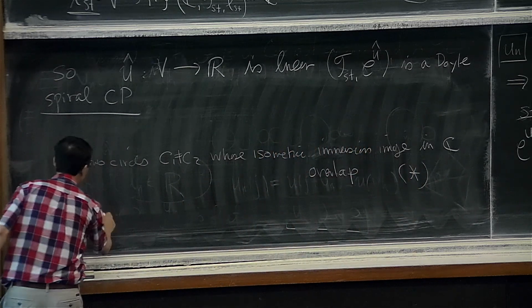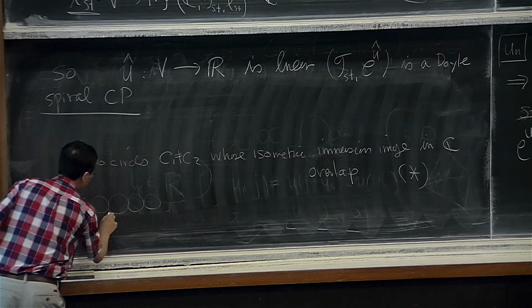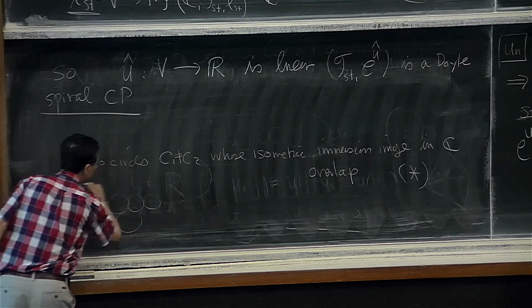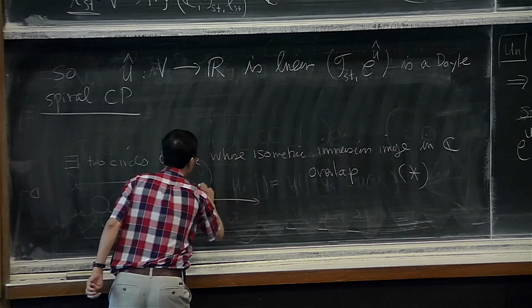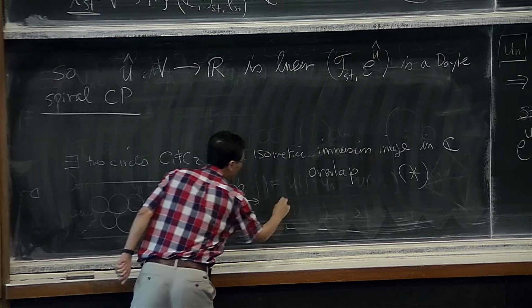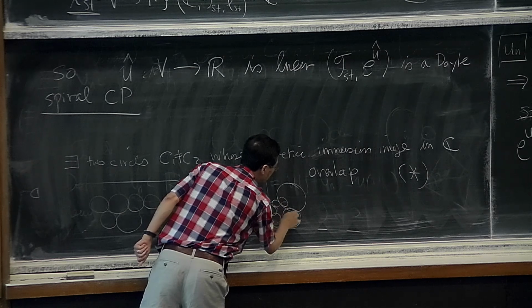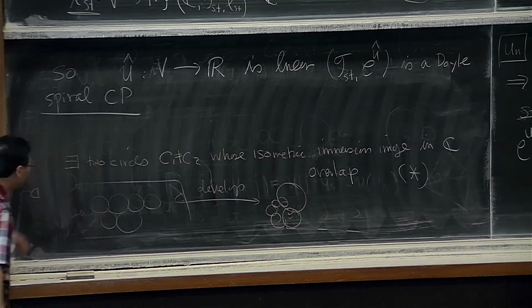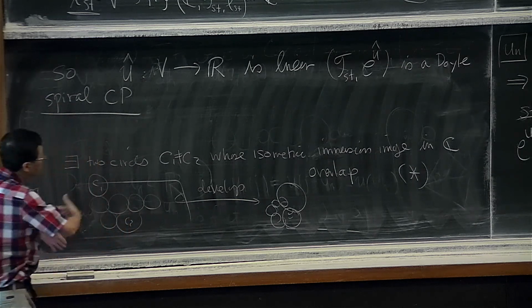So abstractly, this is the abstract circle packing metric of different sizes on this space, and we now isometrically immerse this. This is really the development map into the complex plane, and that's these spiral pictures we see here. Okay, so you can now find two distinct circles whose images overlap.